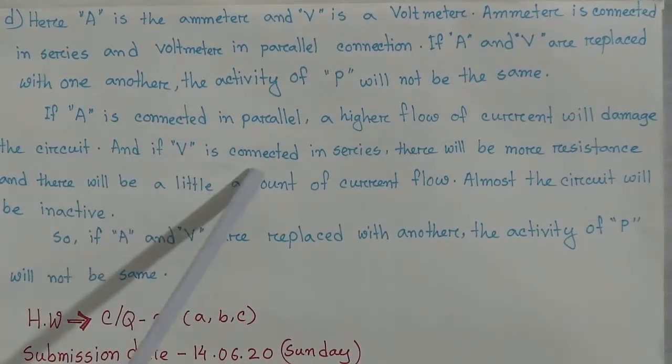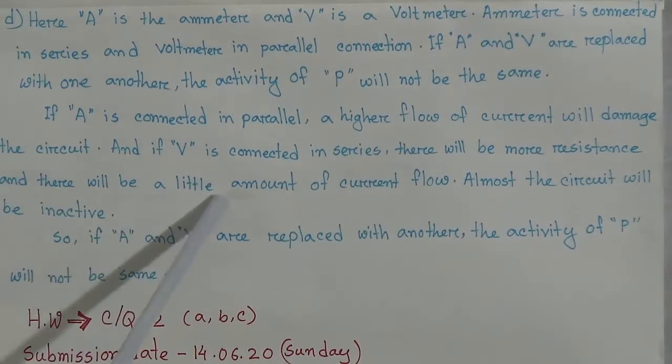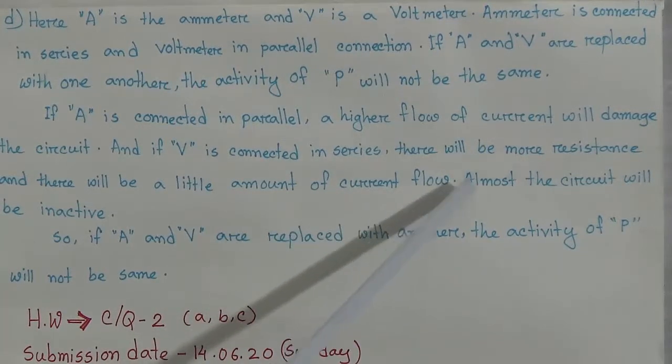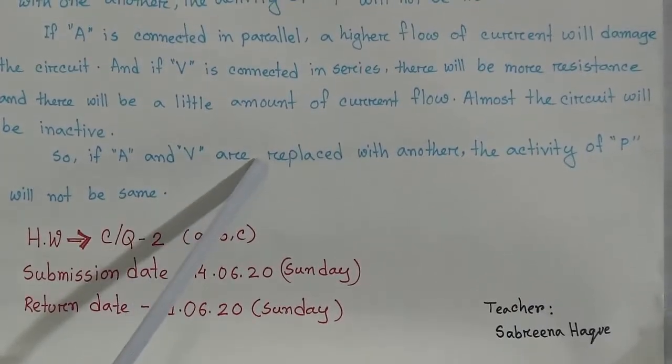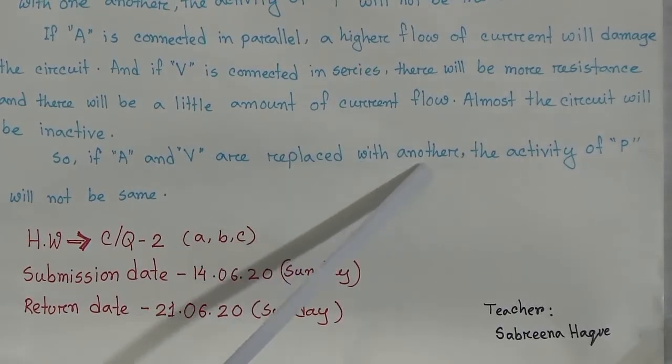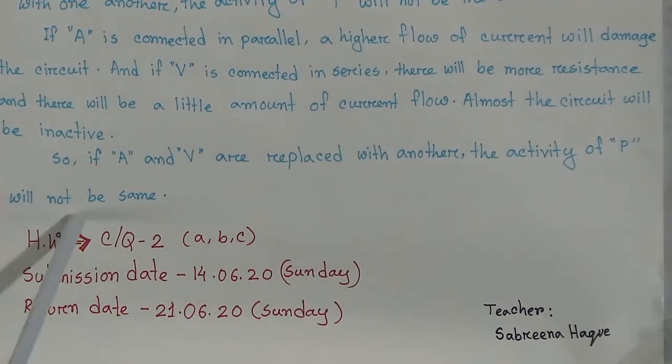And if V is connected in series, there will be more resistance and only a little amount of current flow. Almost the circuit will be inactive. So if A and V are replaced with one another, the activity of P will not be the same.